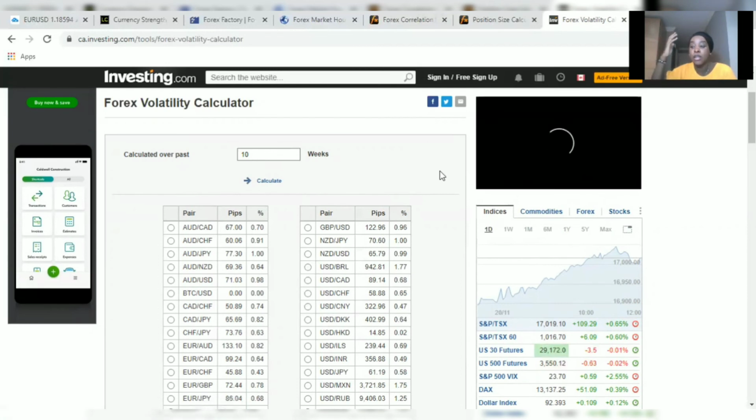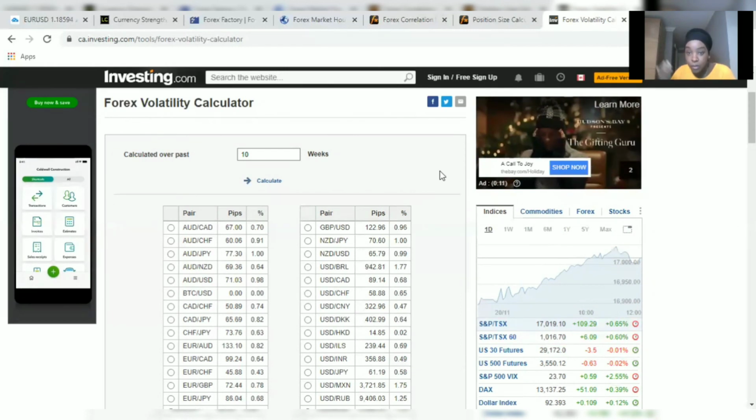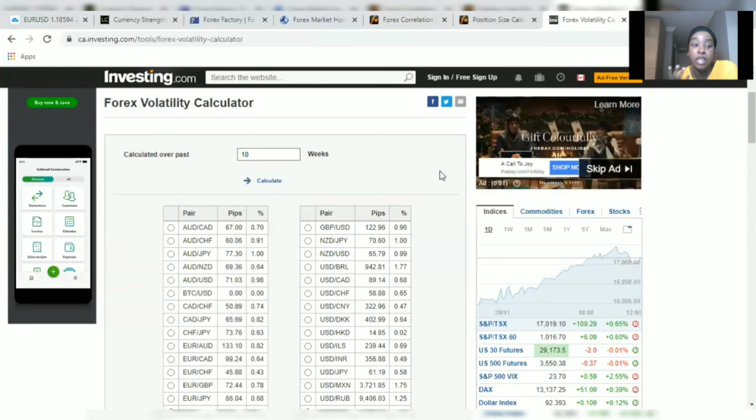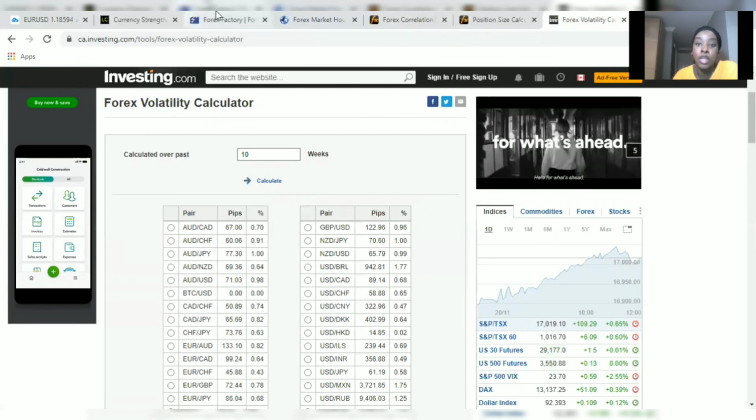Then you can tell maybe there'll be a reversal at the end of this pip movement, because it has already exhausted its movement at that particular time. So that is another tool that people use in Forex to increase their profitability within the foreign exchange market. Okay, so that's one of the other tools you can use.